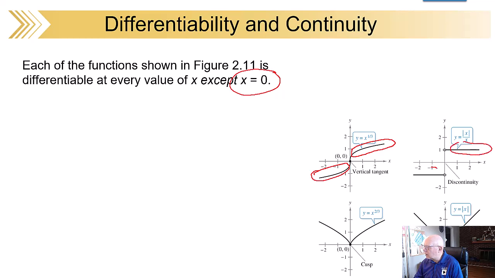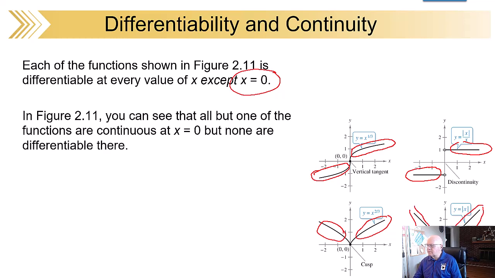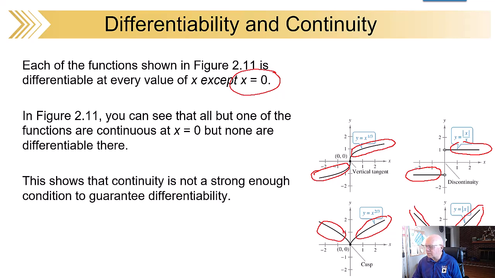Here, here, as long as you stay away from x equals 0, you've got differentiability. Hope that gives you an idea. It's continuous everywhere, but not differentiable around x equals 0. So continuity is not strong enough to guarantee differentiability, but the converse is true.